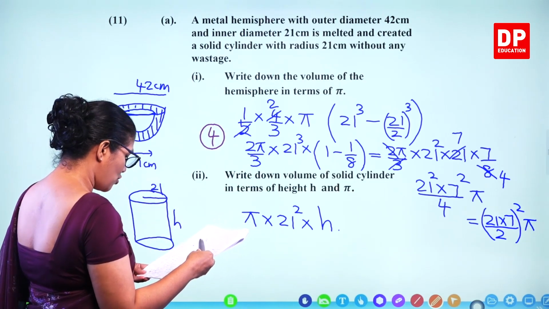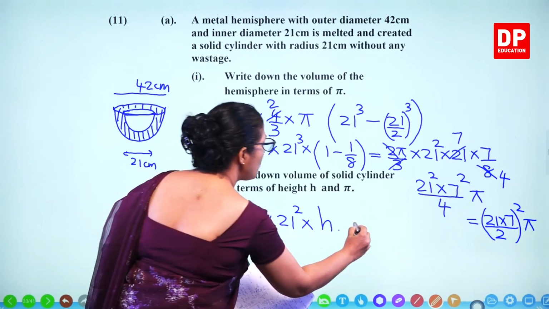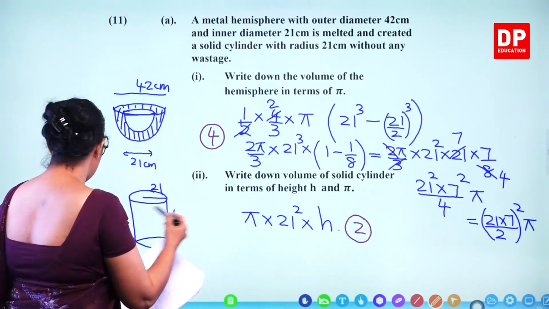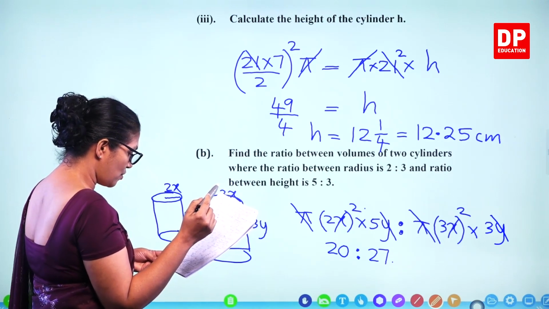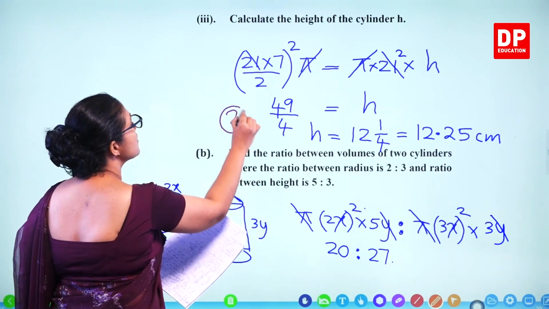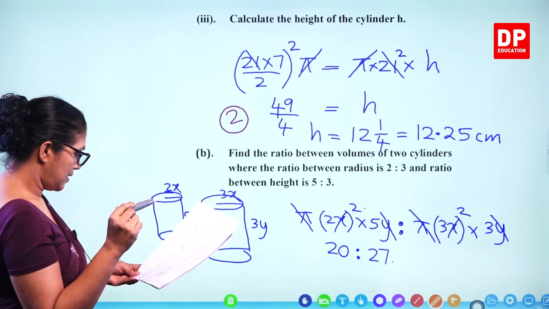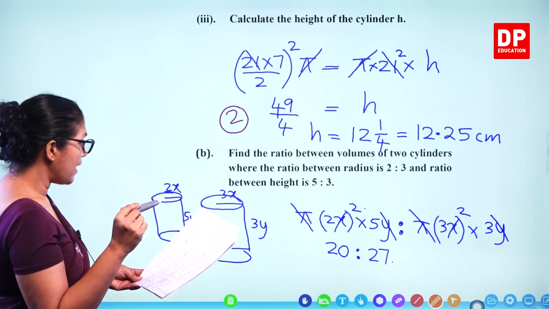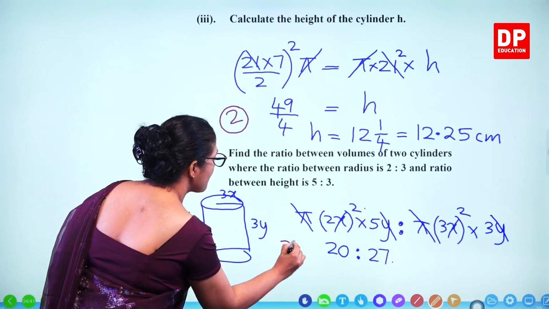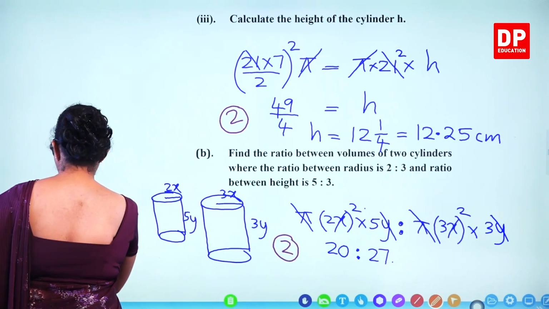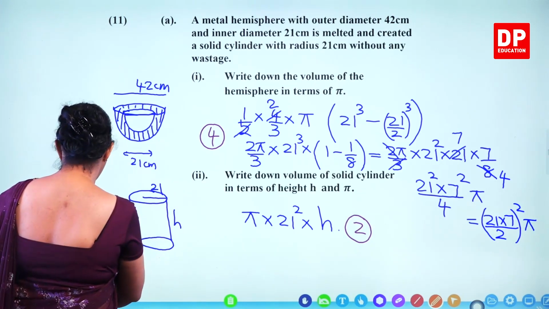And then you get 2 marks for writing down 6, and then 2 marks for finding this h value, that's 8, and the final one, 20 to 27, that's 2 marks. 2, 3, 4, 5, 6 and 4, 10 marks for that.